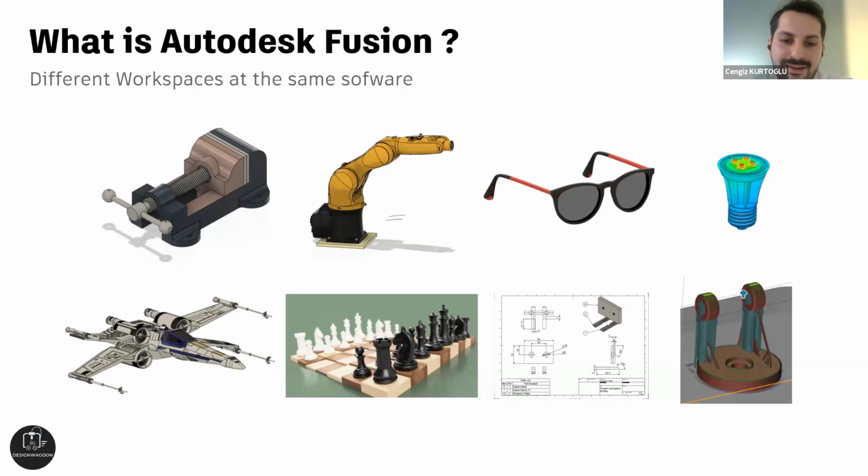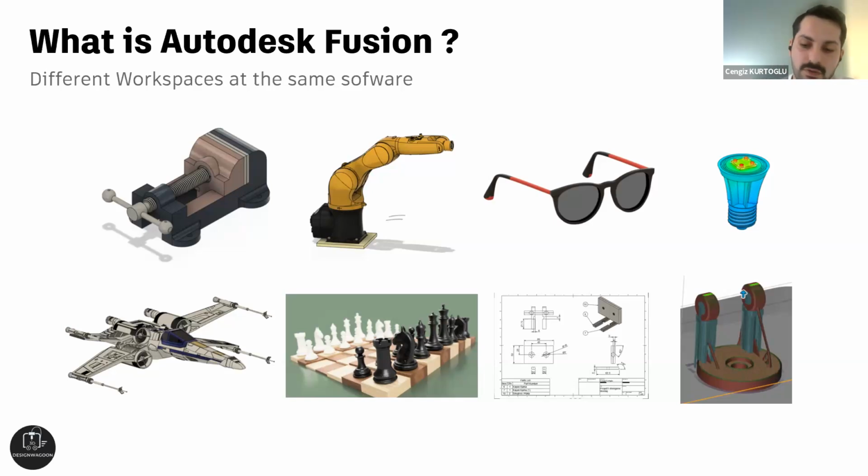Additionally, if you are a 3D printing enthusiast, or if you'd like to create different types of CAD models, you'll have a chance to manufacture them directly in Fusion 360. And there are some different workspaces: render workspace, technical drawing workspace, or simulation analysis workspace directly in Fusion.